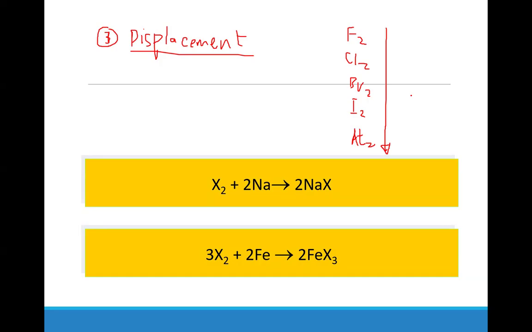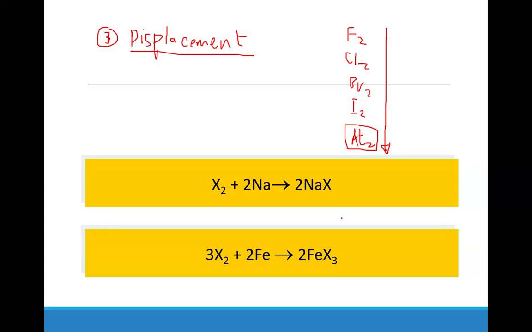What happens when the atomic size decreases? I don't know how to explain it. Okay, so when you move down the group, what happens to the number of protons when you move down the group?